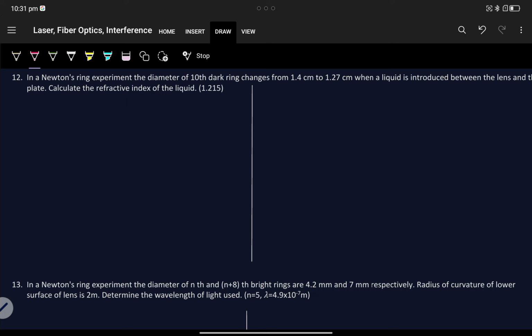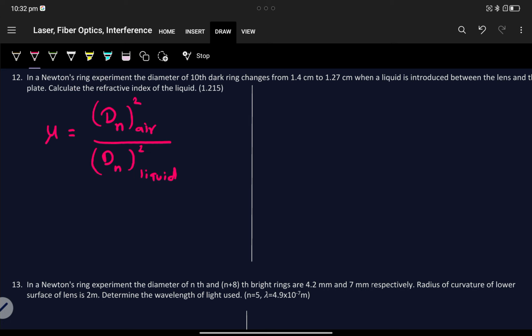So we know the formula for calculating the refractive index of the liquid is the diameter square when there is air between the plates, over the same order diameter square when a liquid is introduced.